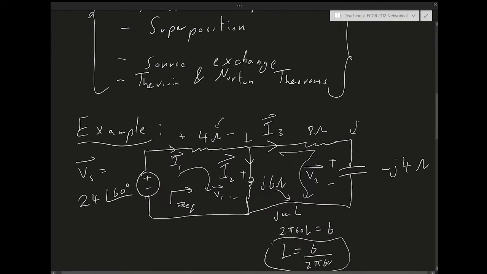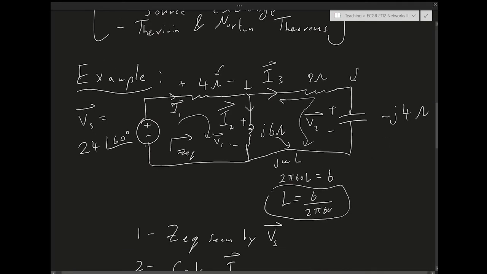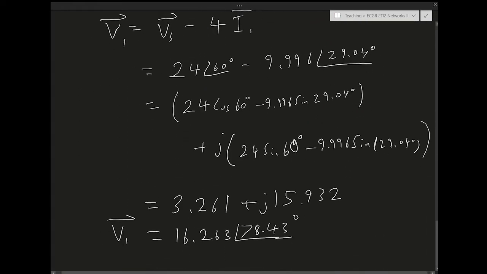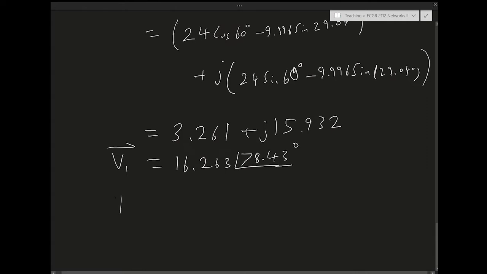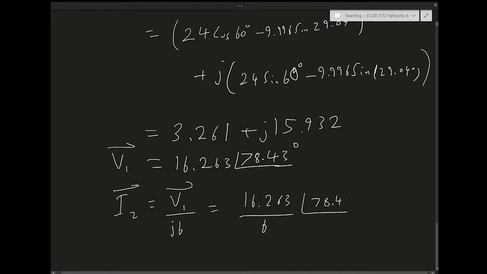I1 and V1. I2 now is going to be V1 over the impedance, and I3 is going to be V1 over the impedance of the other branch. So I2 is going to be V1 over J6, that's the impedance of the inductance. That's going to be 16.263 over 6, 78.43 degrees.